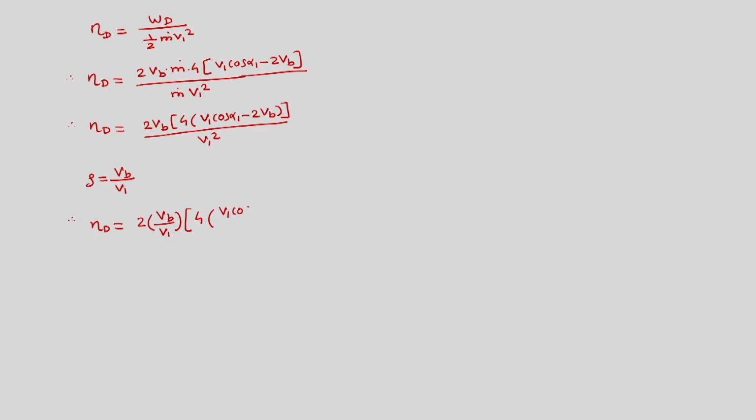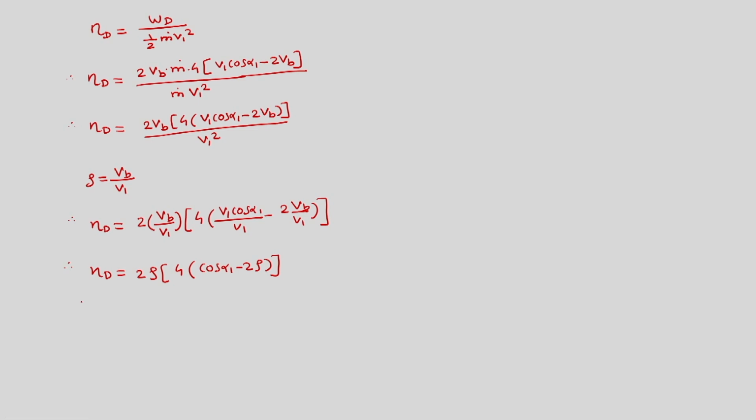So V1 cos alpha 1 divided by V1 minus twice VB upon V1. So we have diagram efficiency as twice rho into 4 into cos alpha 1 minus twice rho.